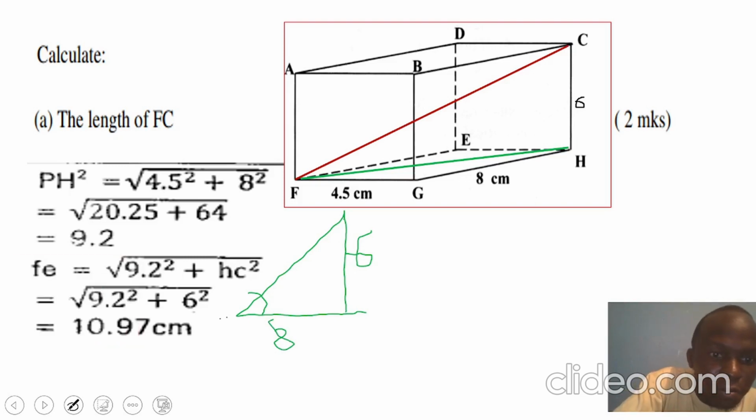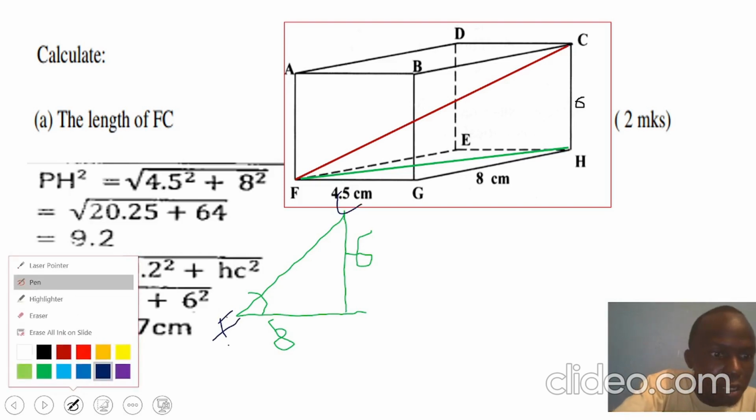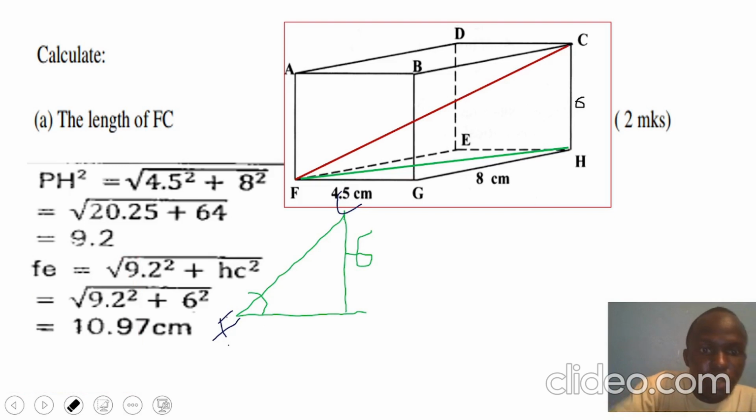We don't have FC. So how do we get to find... let me correct here. Let me make this correction.